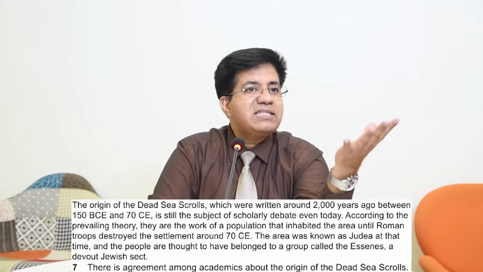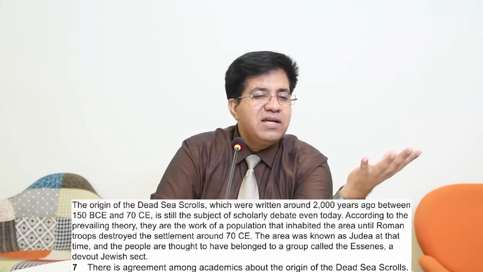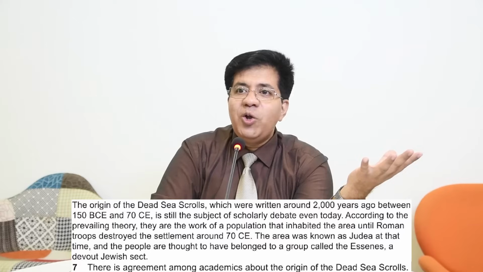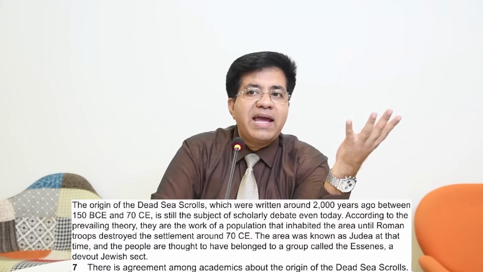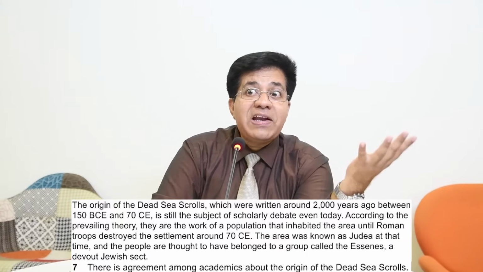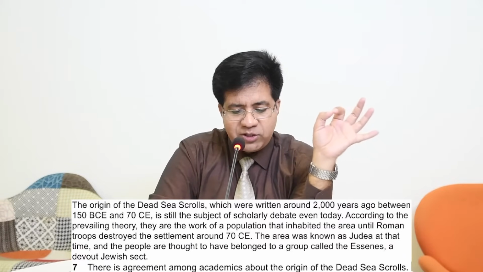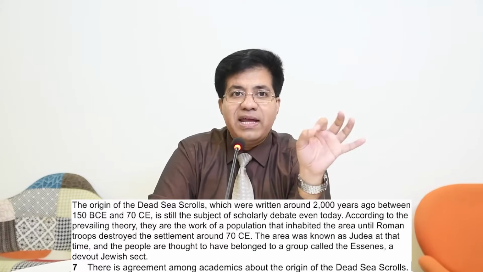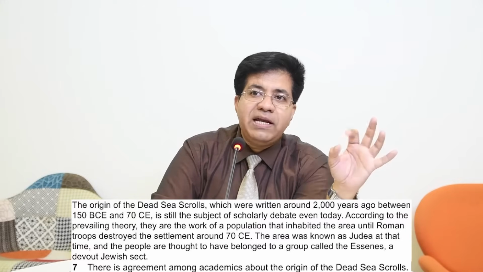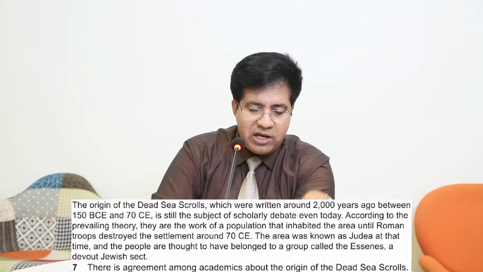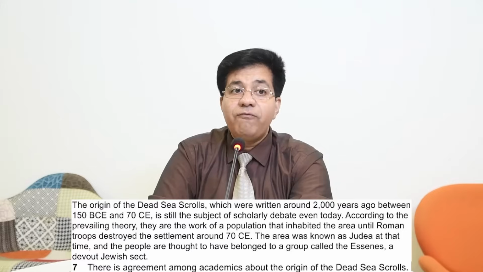When something is a subject of debate, it means people don't agree. What is the word for academics? Scholarly. So when something is still debatable, it means people don't agree on that. So the answer is false. Very good. Got it? It's all reasonable.